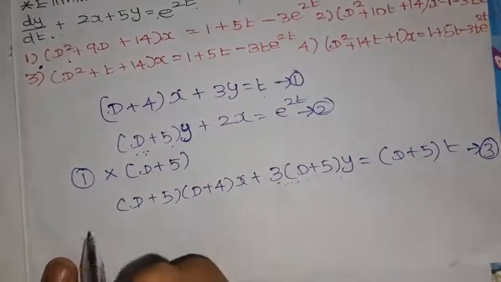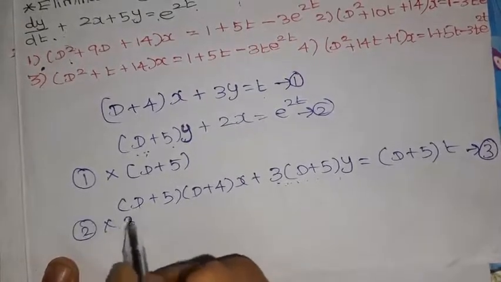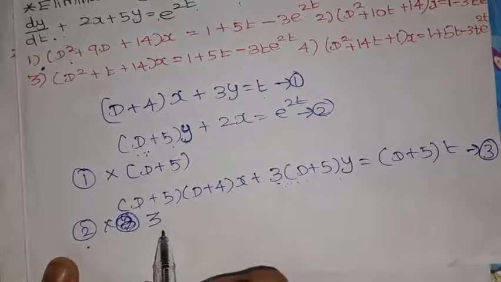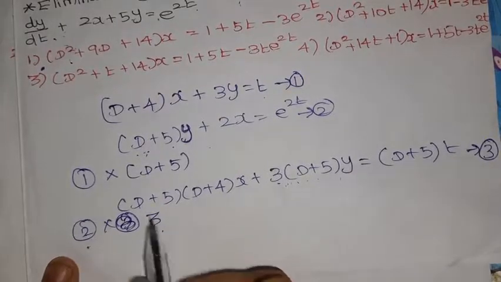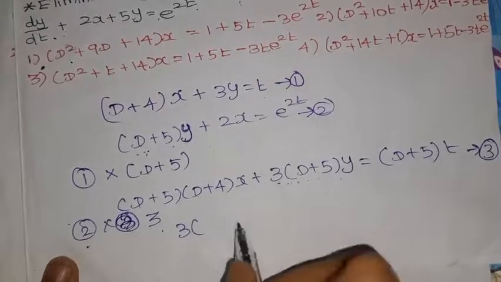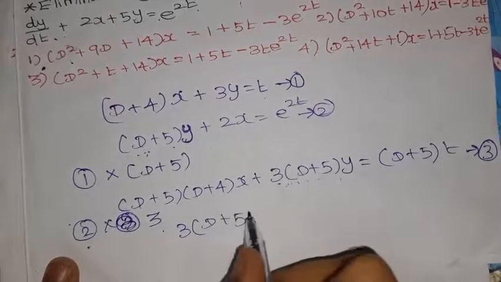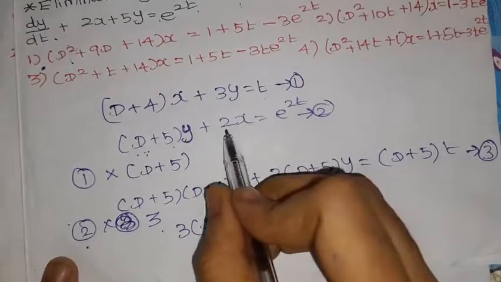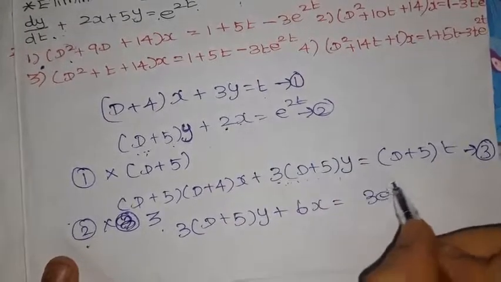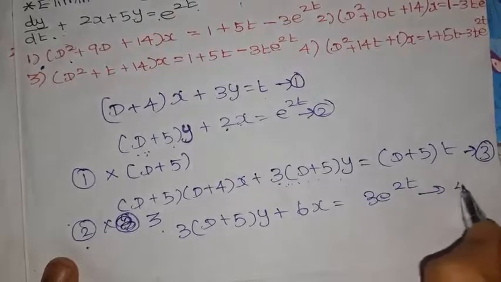So when we multiply equation 2 by 3, what will we get? 3(D plus 5) into y plus 6x equal to 3 e power 2t. Say it is equation 4.